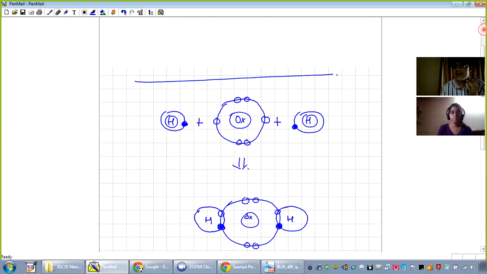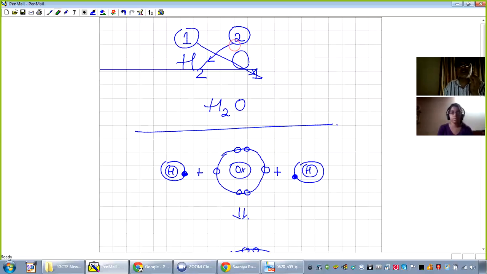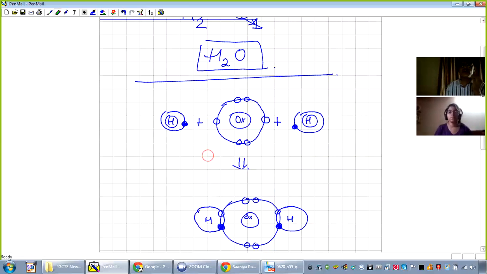Over here, the valency of oxygen is 2 and the valency of hydrogen is 1. Therefore, by exchanging these valencies, we are able to get the formula of the compound, and the way in which they combine together is also shown here. Does it work with all elements? With most of the elements.